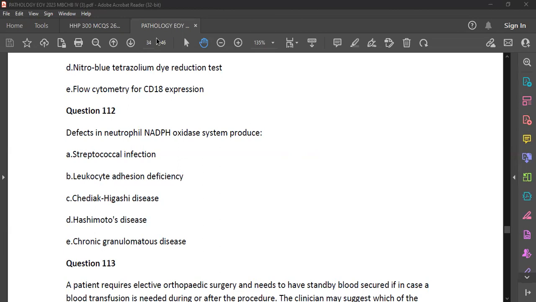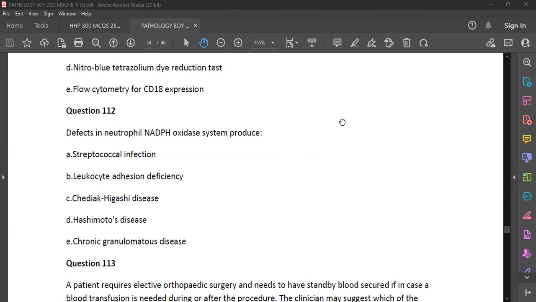Is this hematology or immuno? May mention it in both. You can just read. Defects in neutrophil NADPH oxidase system are produced which are the following. Yeah, it's part of immuno.